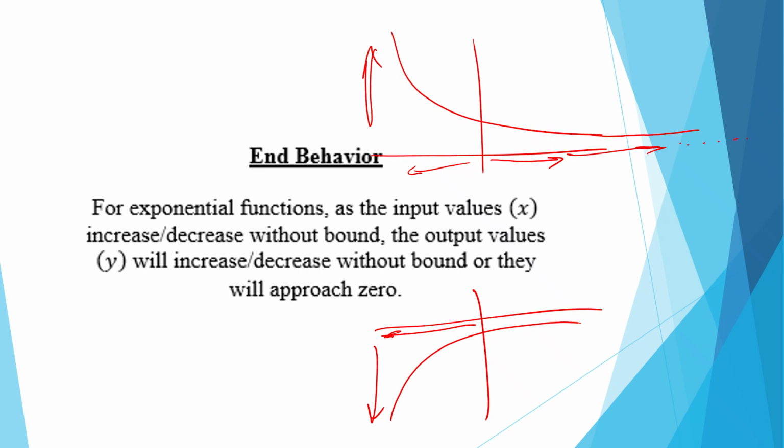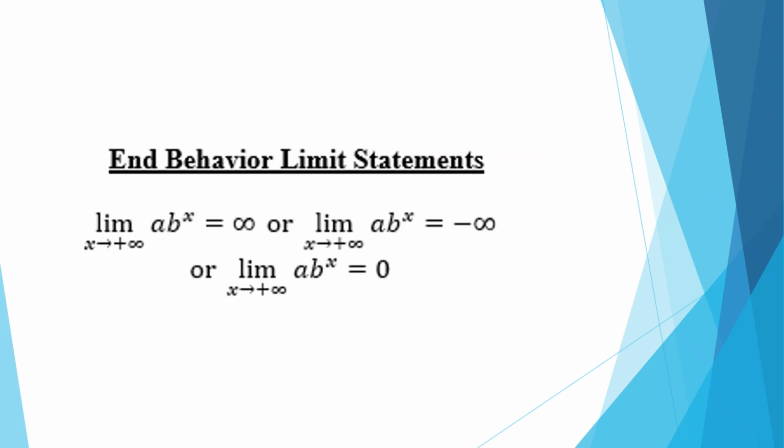So it's going to get closer and closer to that value of 0 there. So these are the limit statements. These should be pluses or minuses. But as the limit as x approaches positive or negative infinity of those exponential functions will either be one of three things: positive infinity, negative infinity, or 0 there.